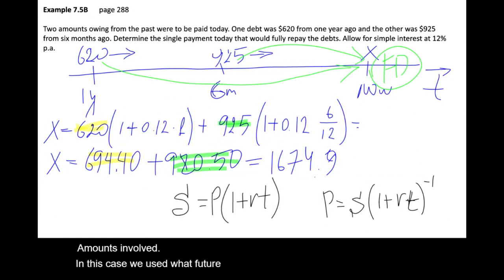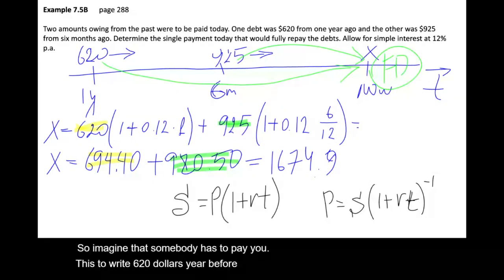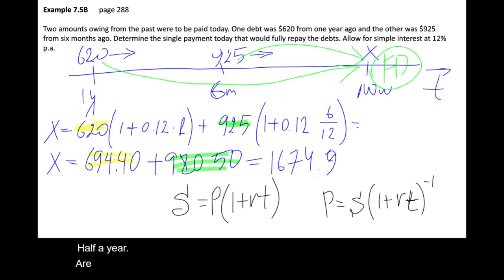In this case, we use the future value formula. Imagine that somebody has to pay you $620 a year before and $925 half a year. Are you willing just to accept these two flat payments, 620 plus 925?